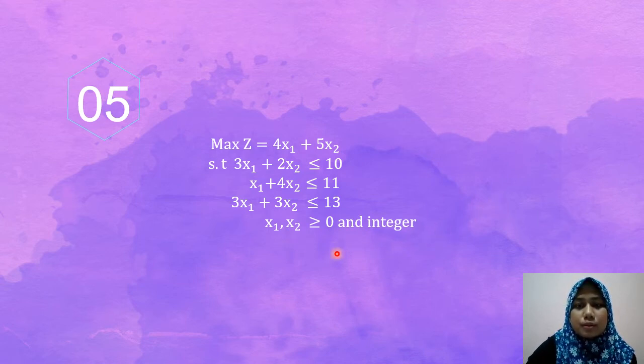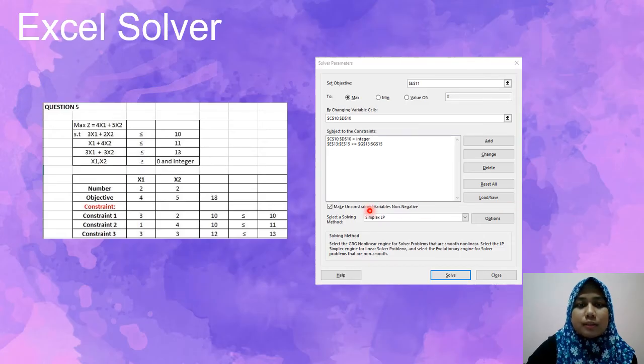So to solve this integer programming problem, I used two methods. The first method is Excel solver, and the second method is Python. So firstly, we go to the Excel solver.